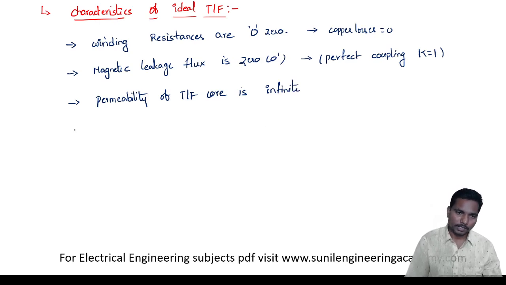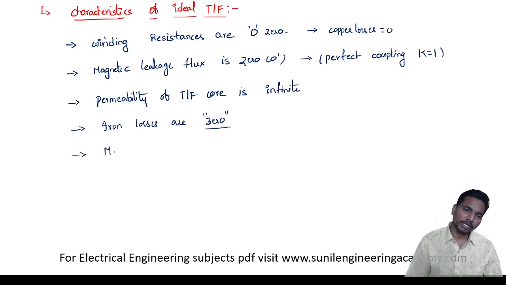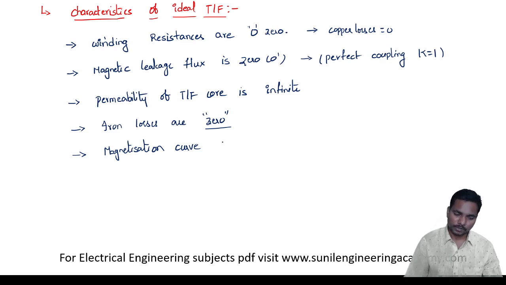And iron losses are assumed to be zero in case of an ideal transformer. And the magnetization curve must be linear without saturation. Generally the magnetization curve goes to saturation, but in the ideal case it must be linear.